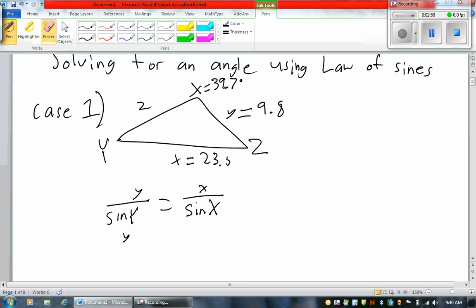We know side y is 9.8. We don't know what angle Y is, that's what we're looking to find out. We do know that side x is 23.5, and that's going to be over the sine of X, which is 39.7.